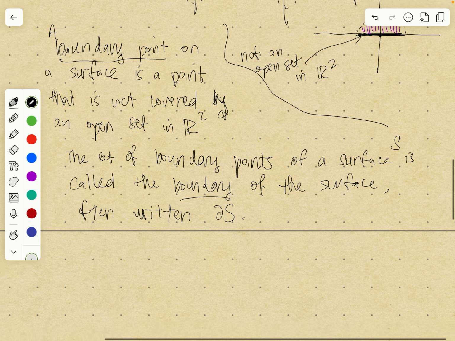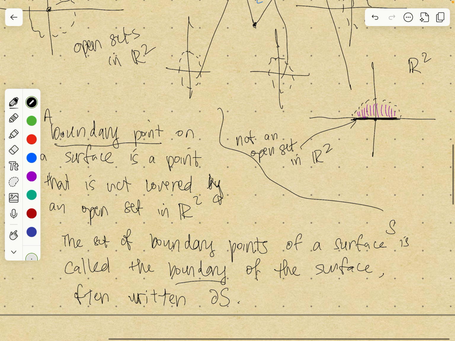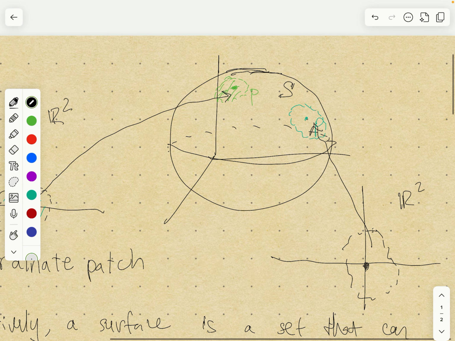So let's look at an example. Let's look back at the example of the sphere. Okay. Does this sphere have a boundary? Well, remember, when we're talking about a sphere, we're talking about the set of points that are a fixed distance from a certain point.